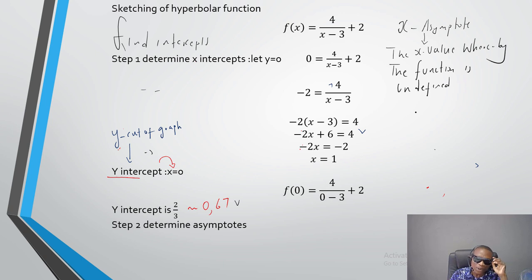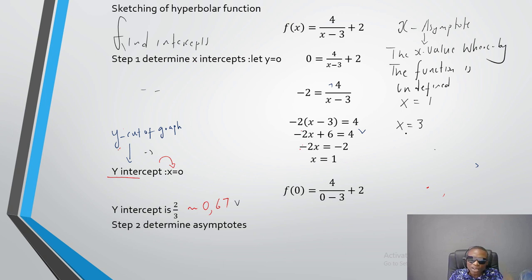So I'm going to pick two values of x here. Let us put our focus on x equals 1 and also on x equals 3. Let's ask ourselves this question. When x is equal to 1, what is the value of y? Which value of y does x being 1 map to?